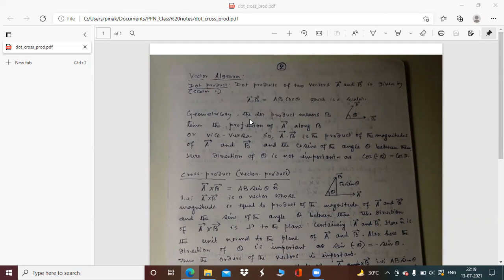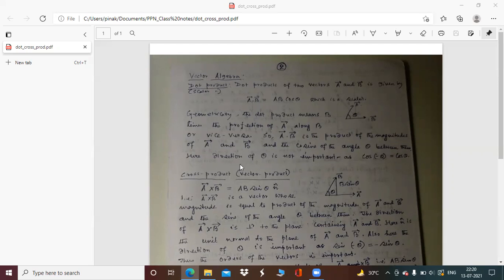Now geometrically, the dot product means b times the projection of a bar along b or vice versa. So a bar dot b bar is the product of the magnitudes of a bar and b bar and the cosine of the angle theta between them.